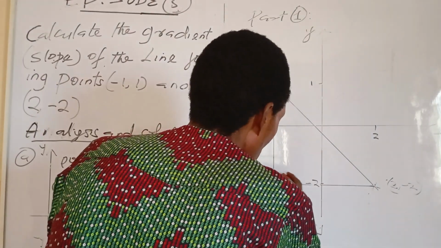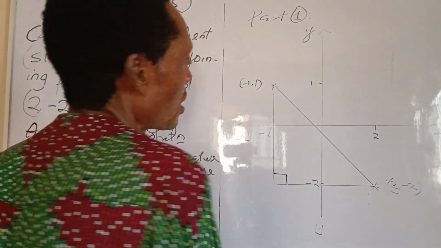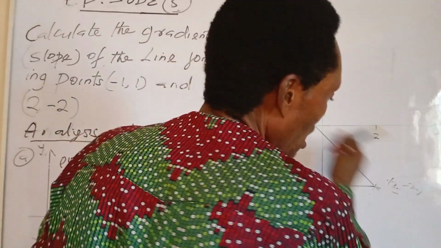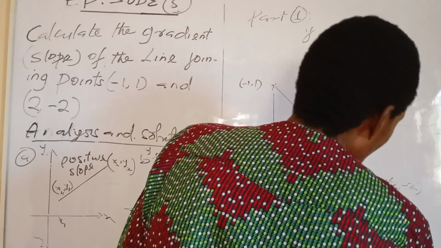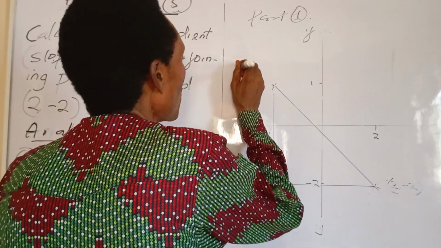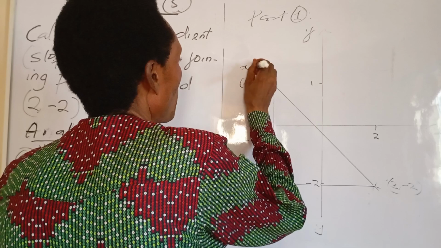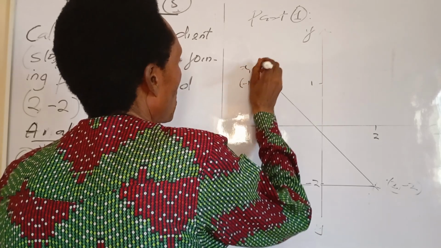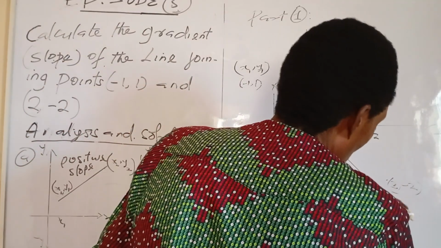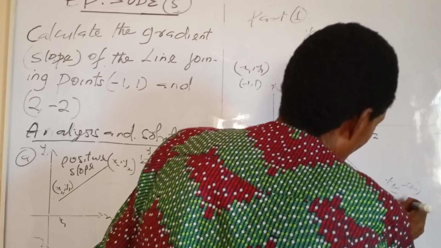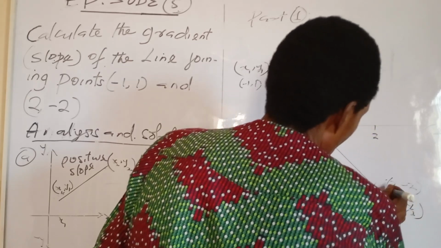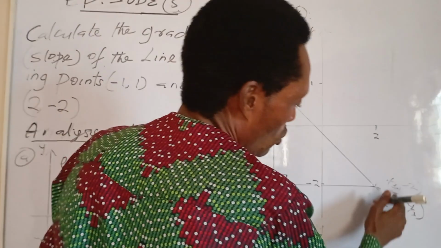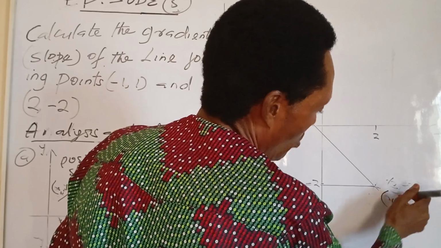So here becomes your right angle triangle. Now, if you want to find the difference, this place is represented as X1, Y1, and here is X2, Y2. So your X2 is 2, your Y2 is minus 2.